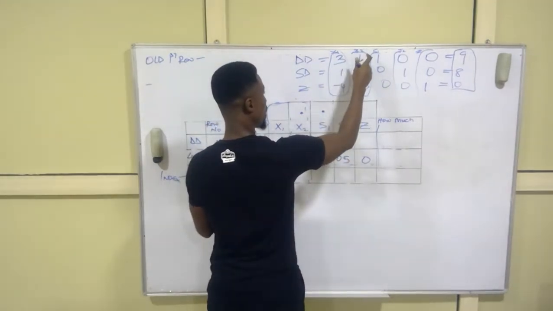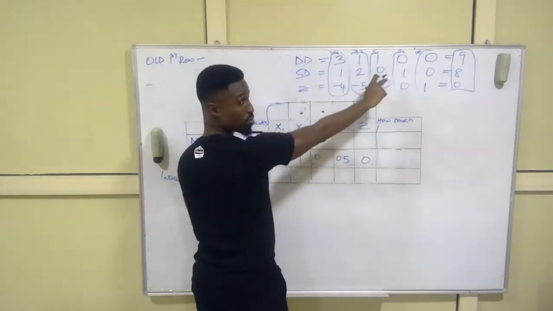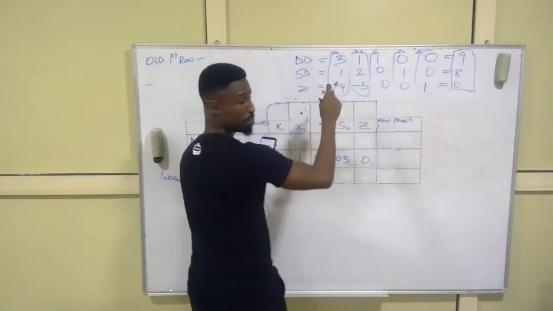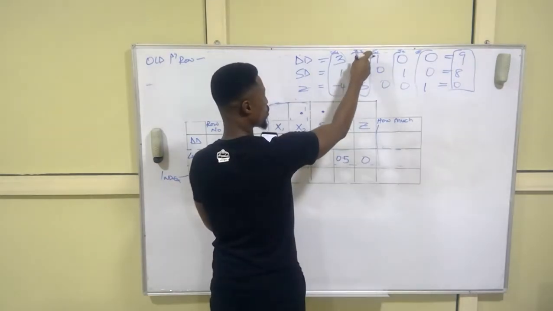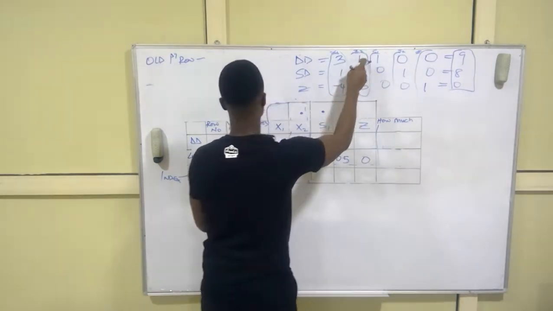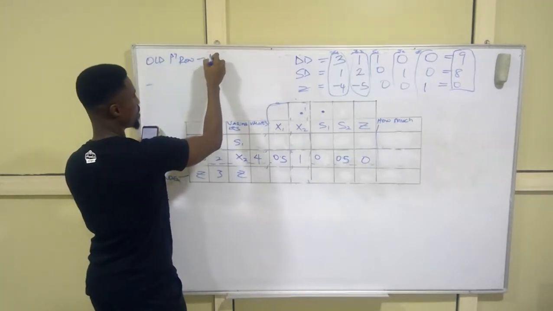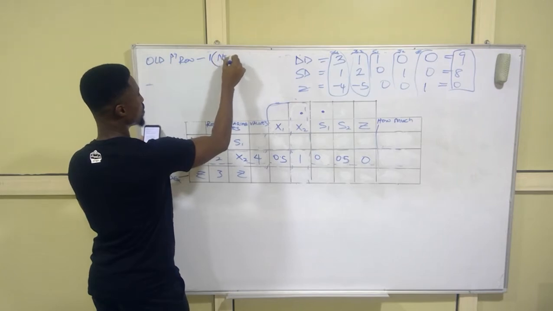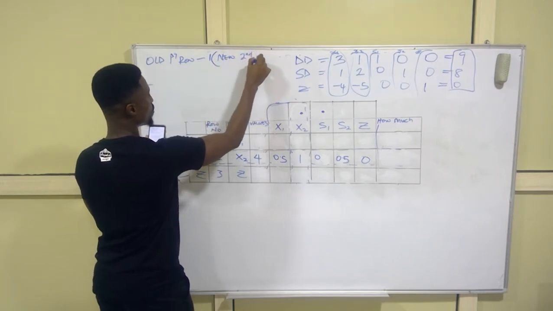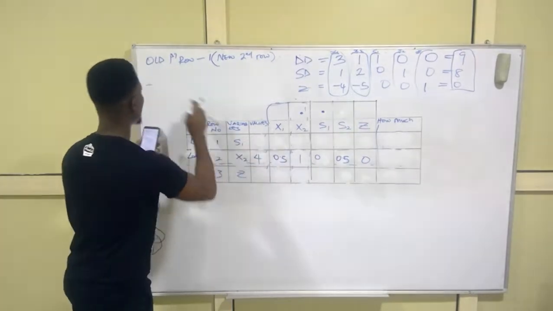So the pivot column was 1 for the first row, because this is the first row, this is the second row, this is the third row. What was on the first row of the pivot column was 1. So it will be the old first row minus 1 multiplied by your new second row, which is what we got here, right?